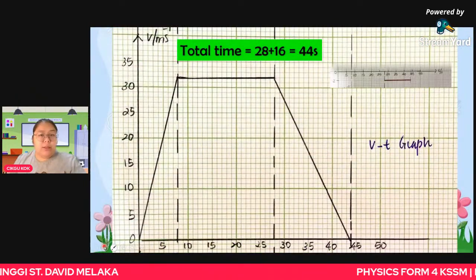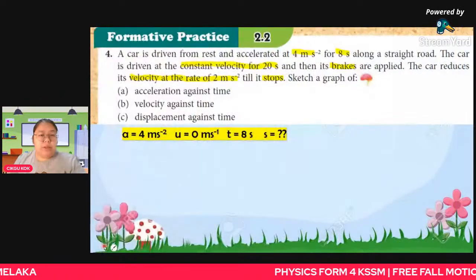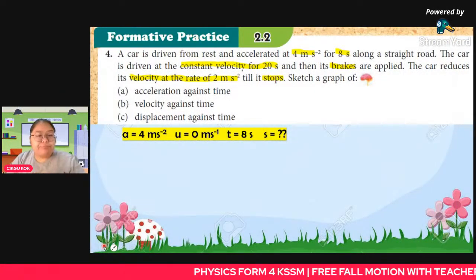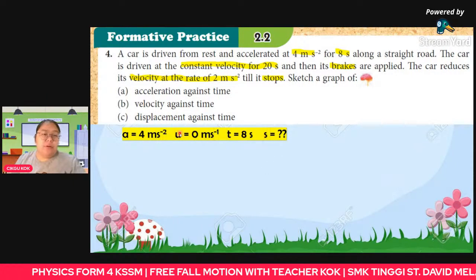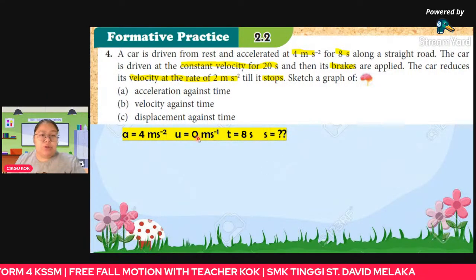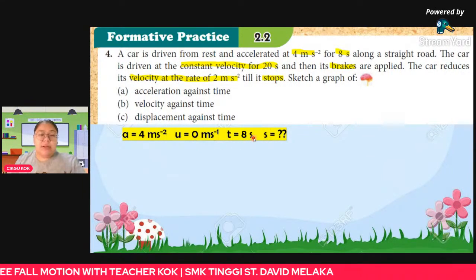Okay, so I need to continue. The last one should be the displacement. The displacement, the first part, for the acceleration: U starts from rest, then the time taken is 8 seconds.